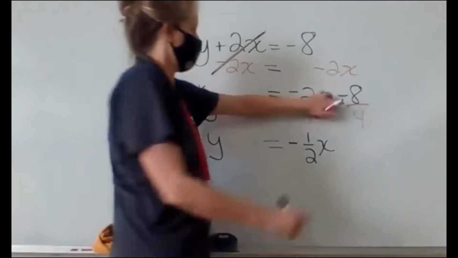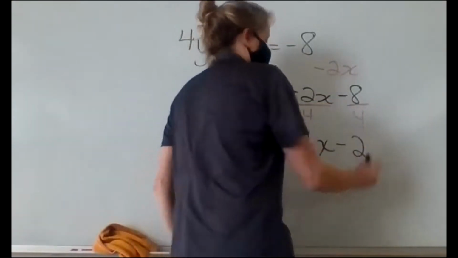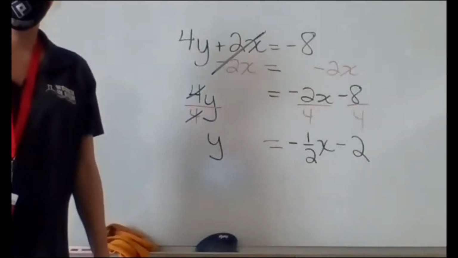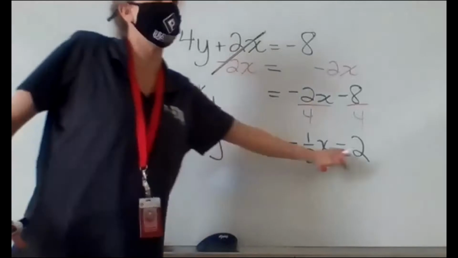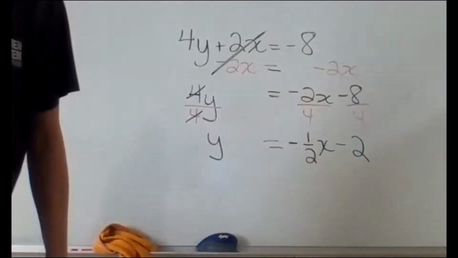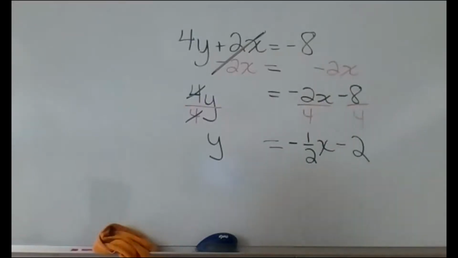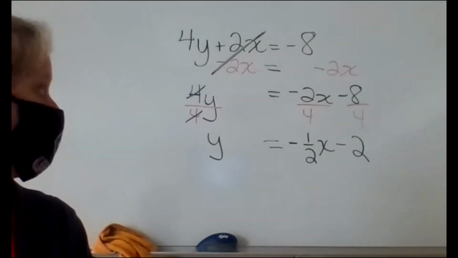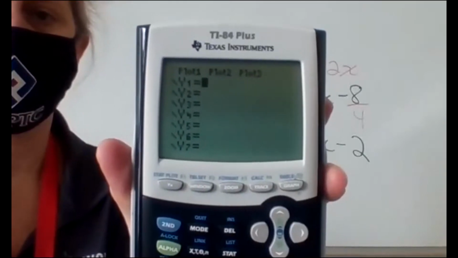x minus 8/4, or 8 divided by 4, which is 2. That's what I'm going to put in my y equals. So go to y equals and clear it out. So again, you're just going back to clear.